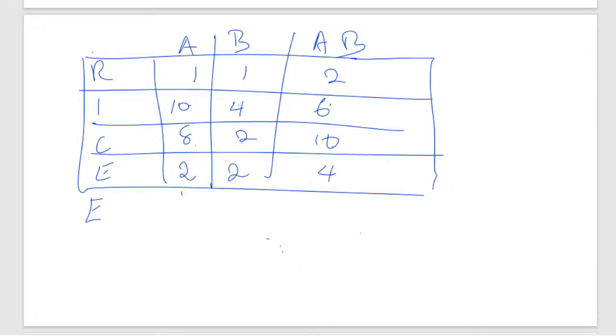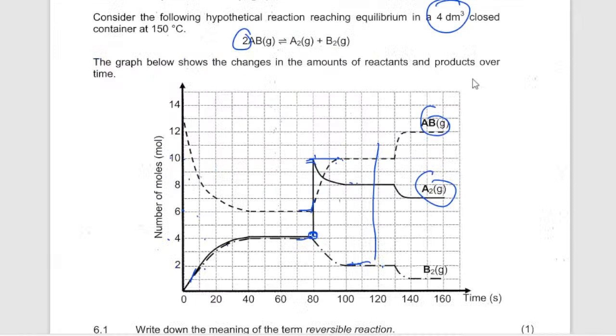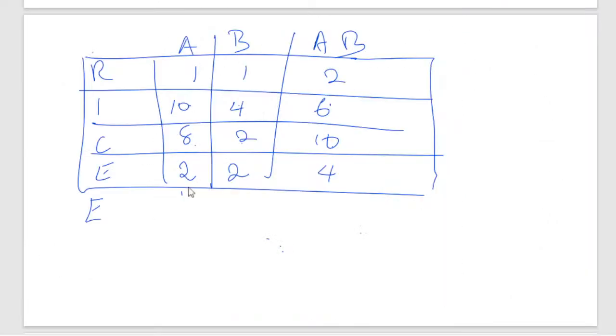Now, how much volume did they use? They used 4 decimeter cubed. Therefore, I say 2 divided by 4, which gives me 0.5. 4 divided by 4 gives me 1.